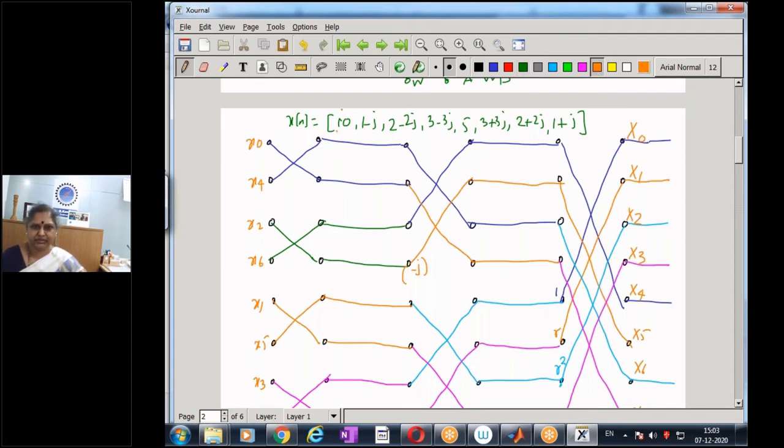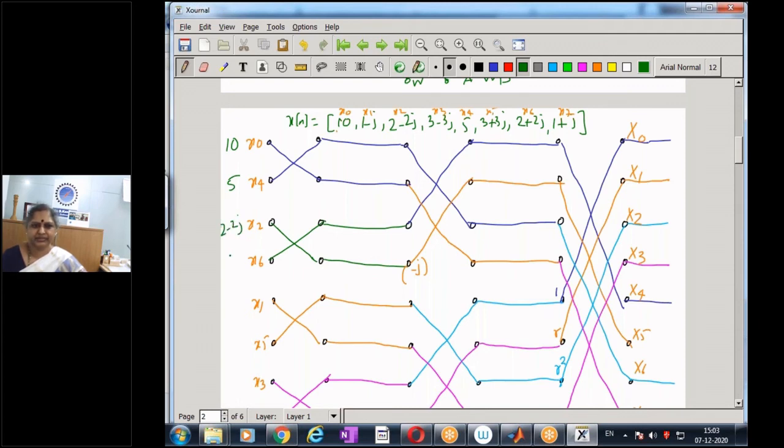This is my x0, x1, x2, x3, x4, x5, x6, and x7. So let's start putting the values. My x of 0 is a 10. My x4 is a 5. Then x2 is a 2 minus 2j.